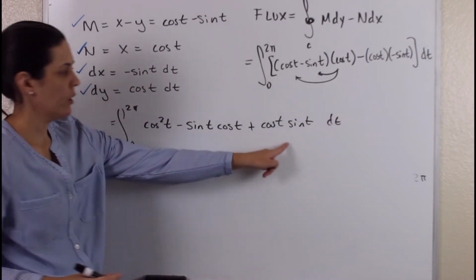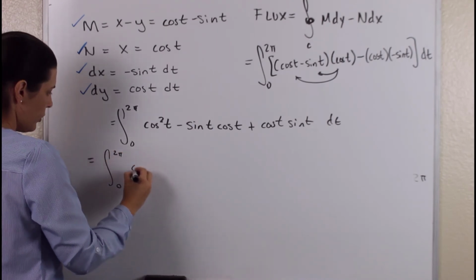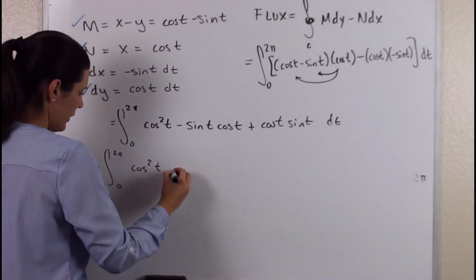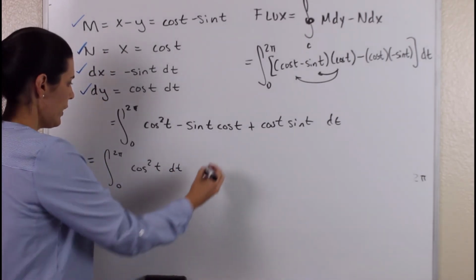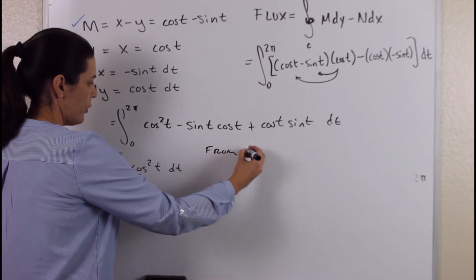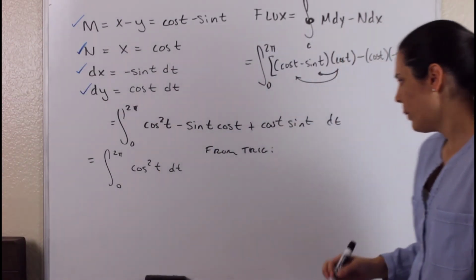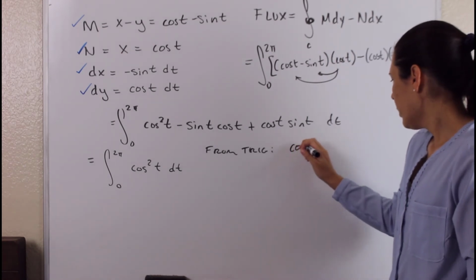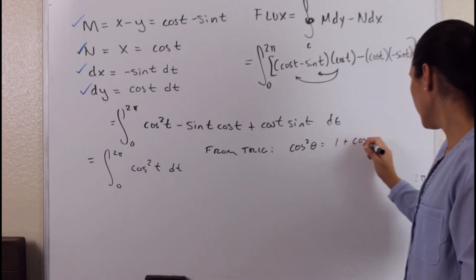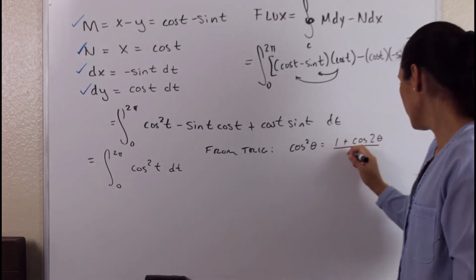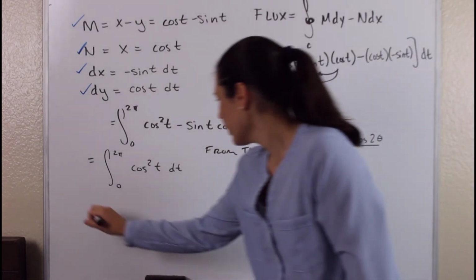These two add up to 0, so this all becomes the integral of just cosine squared t dt. And then this one, you have to just remember from trig what you need in order to evaluate this. So from trig, one of your double angle formulas will help here. From trig we know that cosine squared theta equals (1 plus cosine 2 theta) over 2. So we're going to substitute that in here to evaluate our integral.